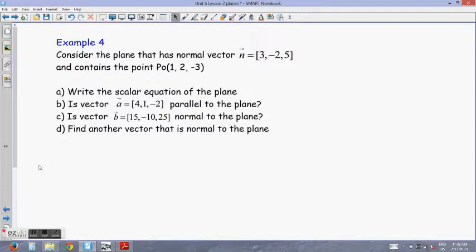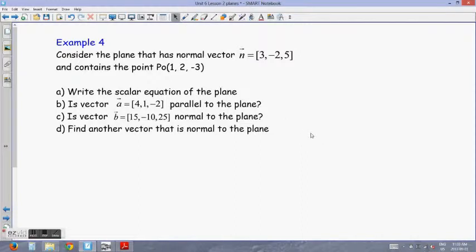Lastly, D, find another vector that is normal to the plane. Remember in our previous question, we found that any vector that is a scalar multiple of n would give us a vector that is perpendicular, or normal, to the plane. So we can take n and multiply each of the coordinates by a constant, and that would give us the coordinates for another vector that is normal to the plane.